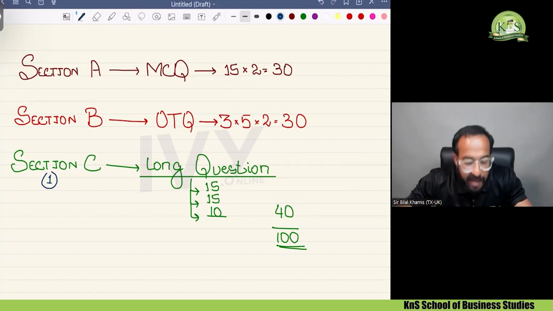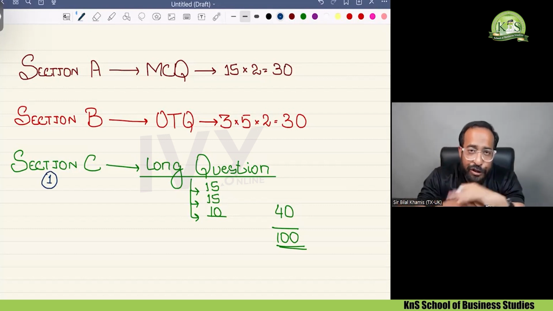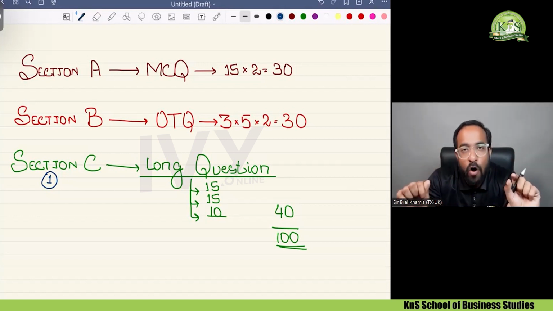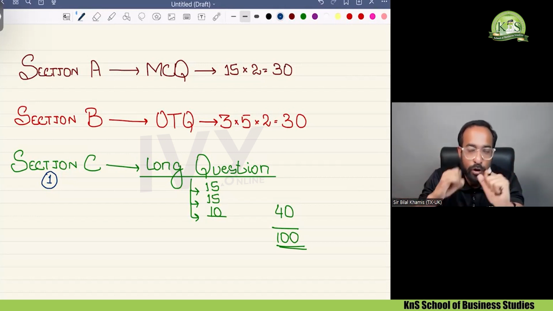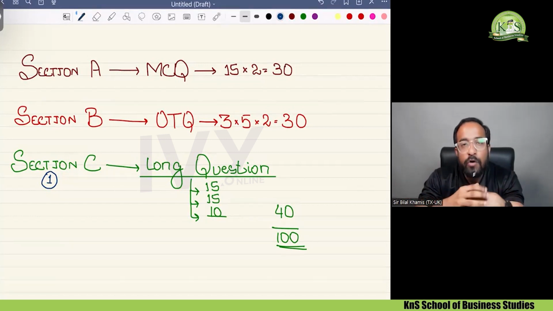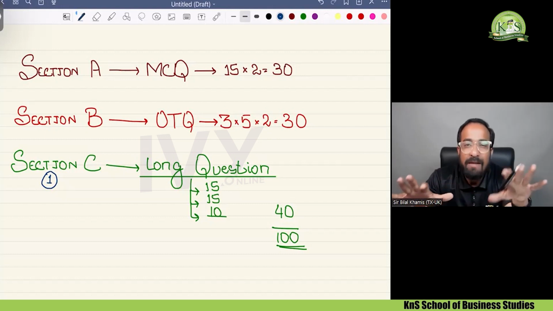Section C is checked by a human, and a human has a heart, and the heart has a soft corner for the students. Let's suppose you are giving some answer in stepwise working. For every step you will have a mark if it is correct. If it is not correct, you won't be given any marks.